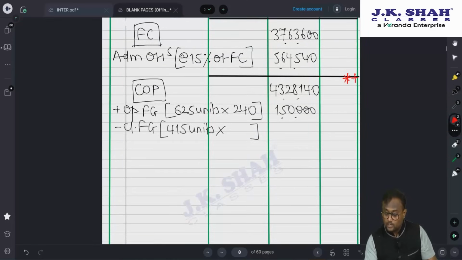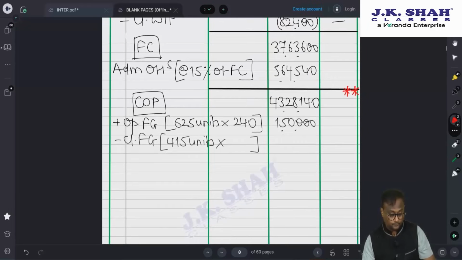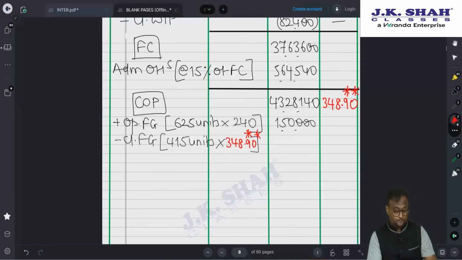It is always valued at current year's cost of production. 43,28,140 divided by 12,405 is approximately 348.90. So when you apply 348.90, you get 144,794 as your closing stock valuation.